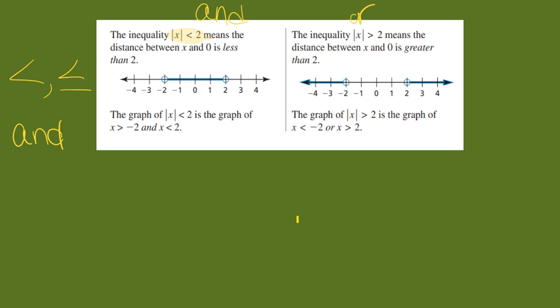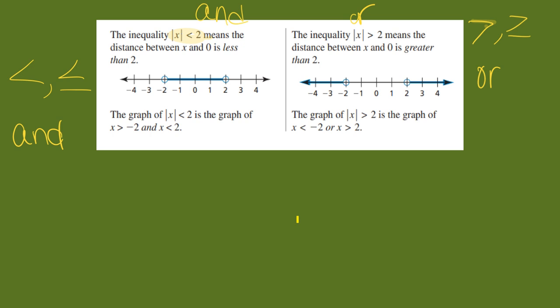When it's greater than or greater than or equal to, we're going to use "or." That's the one thing.